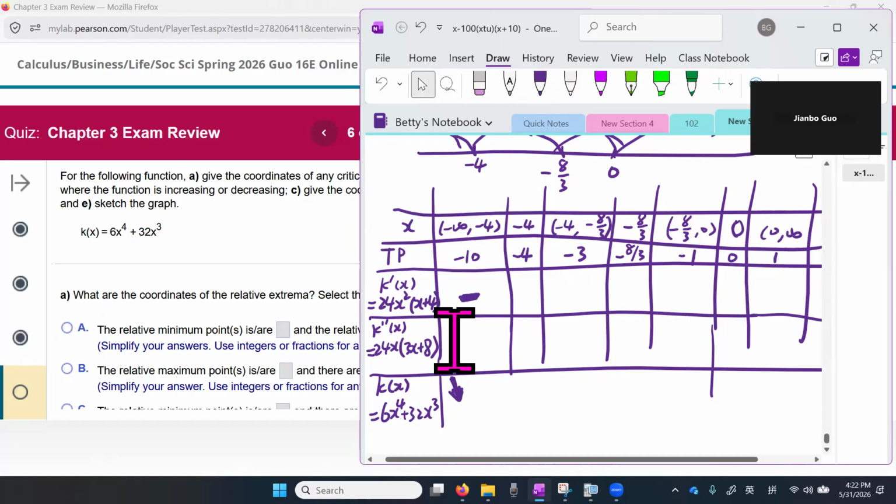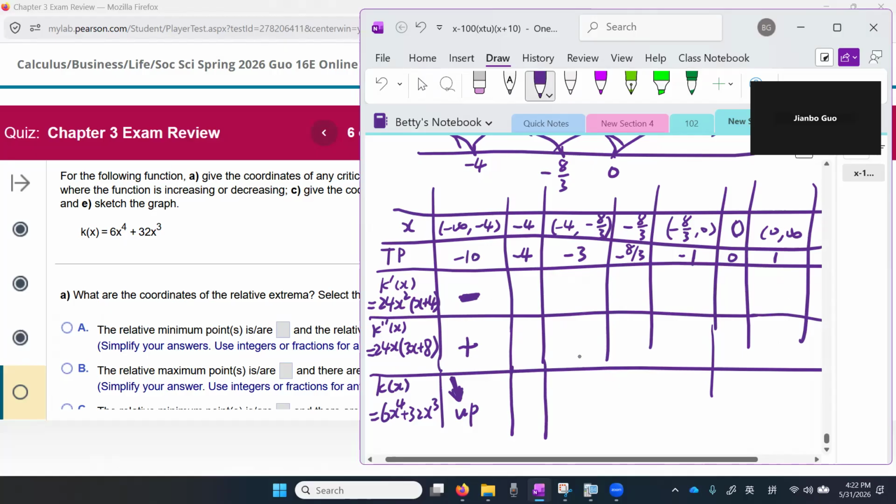And as a second derivative, this factor is negative. Negative times negative is positive. So concave up.